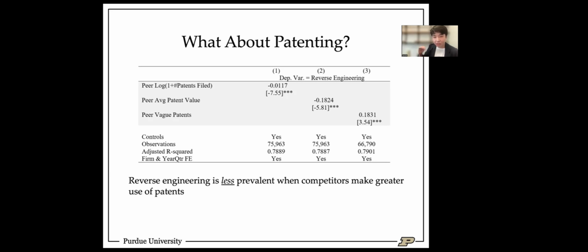If patent disclosure is very vague, which suggests that competitors will have a hard time understanding the innovation, we see a positive relation with reverse engineering, suggesting that this more or less acts like trade secrecy in that sense.